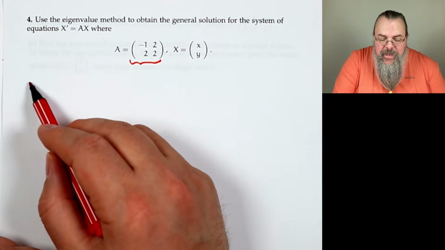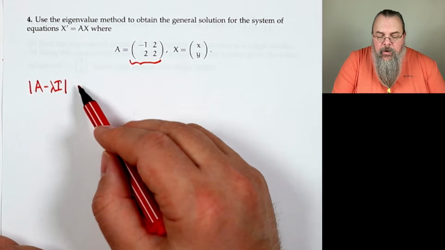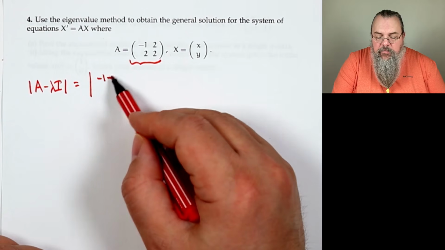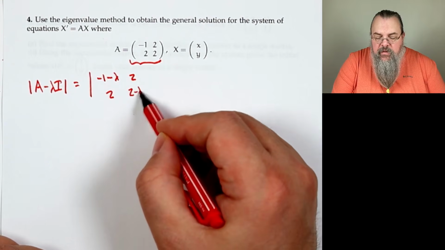So we start by taking the determinant of A minus lambda I. That's the determinant of (minus 1 minus lambda, 2; 2, 2 minus lambda).